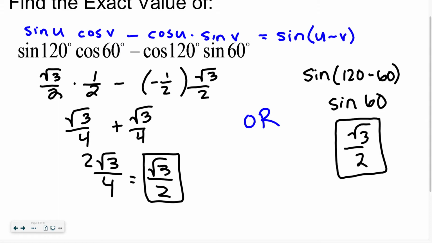So it's really just asking you to write sine 60. And then if you could evaluate it, you would. But if it was sine 100, if it was like 120 minus 20, you would just write sine 100, but you don't know what that is. So you would just leave it as sine 100. So read the directions, whether it's asking you to evaluate or whether it's asking you just to put it back using the formula.